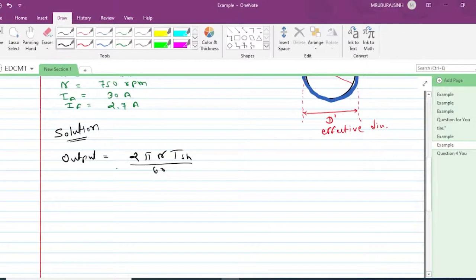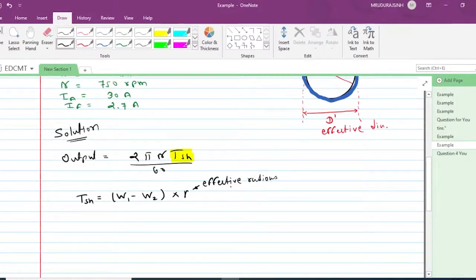The equation to calculate the torque TSH is W1 minus W2 into R, and this R is the effective radius.